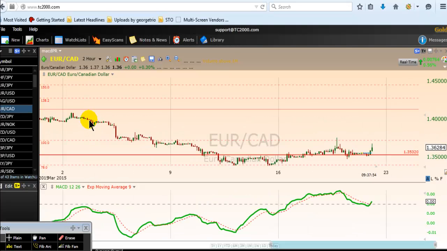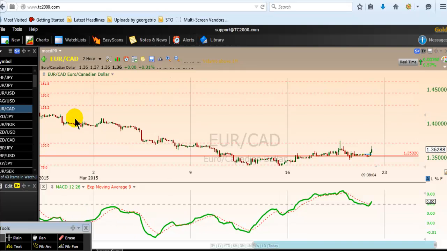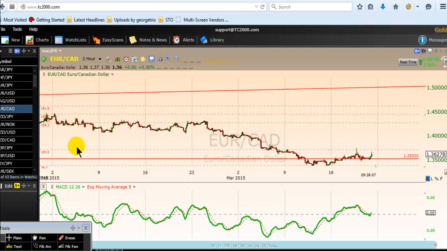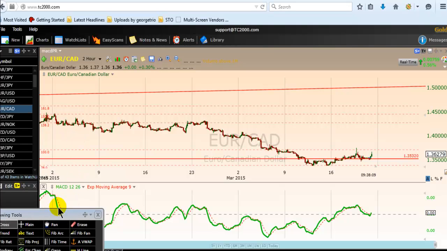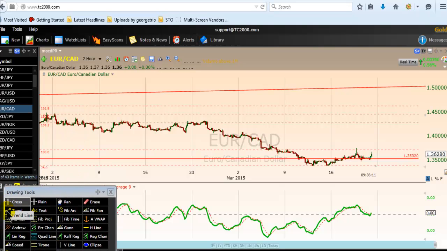But for this strategy, we must find that converted support level on the hourly chart, not on the 2-hour chart. But for the explanation of what is a converted resistance level: a converted resistance level is a support level that has turned into a resistance level.